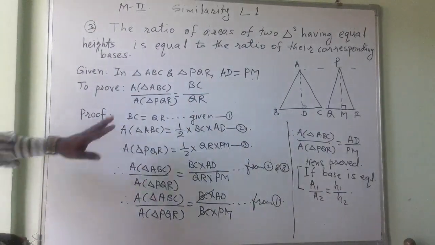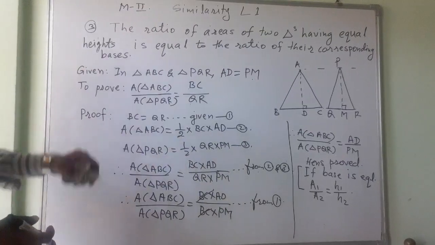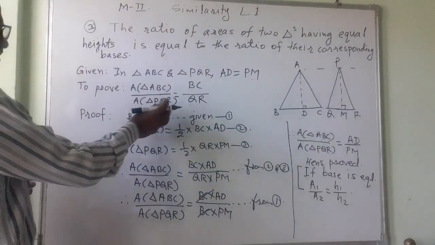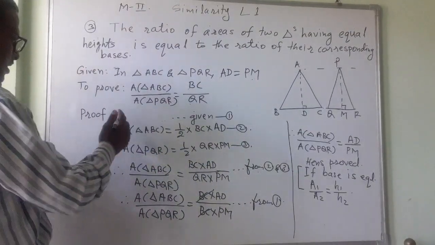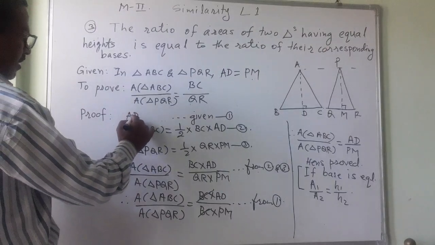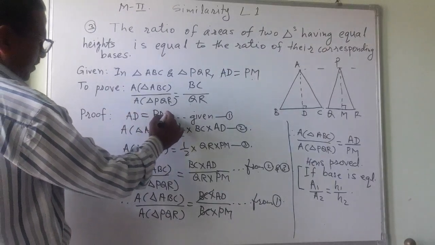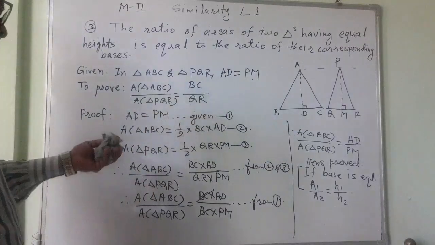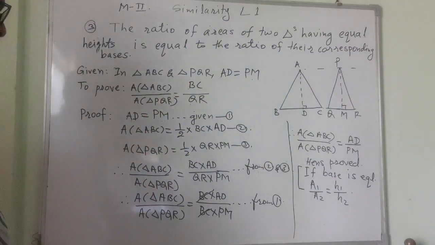So to prove this, now what is given? AD is equal to PM. Given. Same way, this won't change.